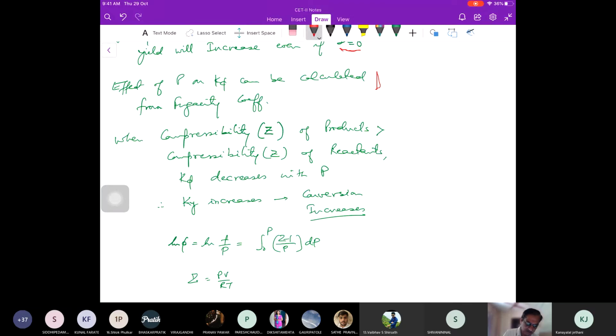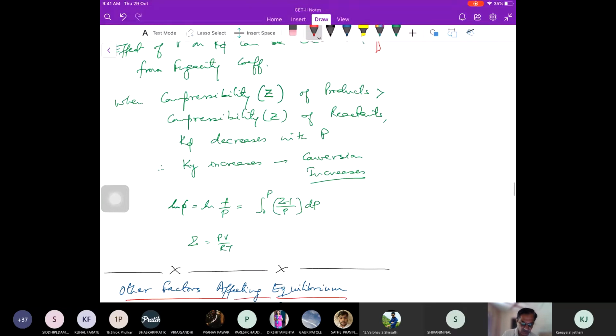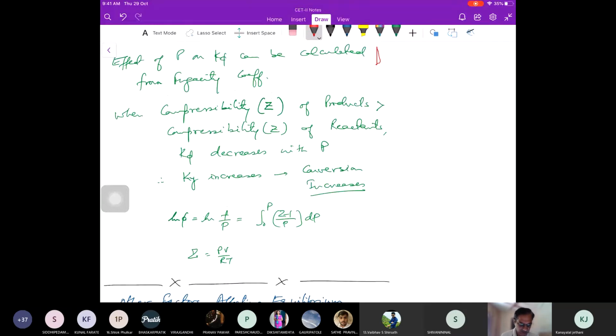Z is nothing but PV by RT, right? Z is equal to P into V real upon RT. So if the compressibility of products is more than the reactants, then K phi decreases with pressure and therefore Ky increases, and conversion increases. This is the observation, right?